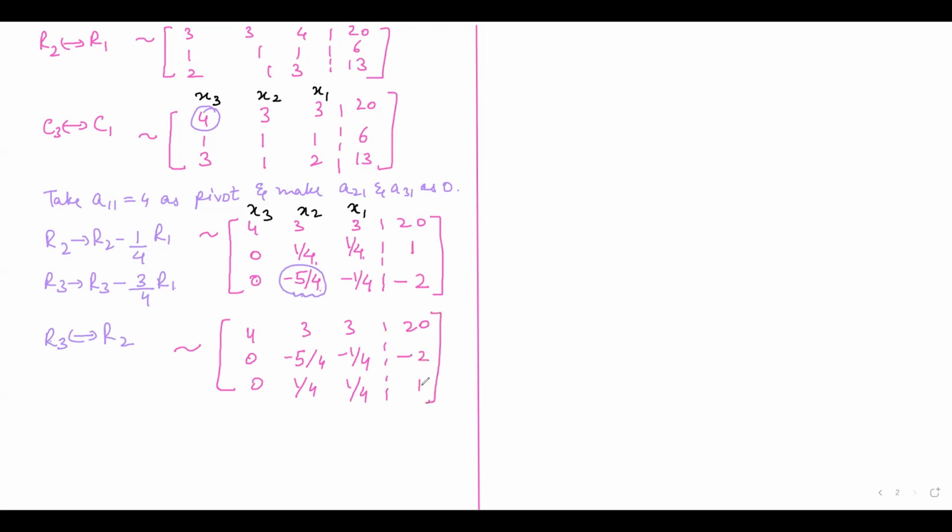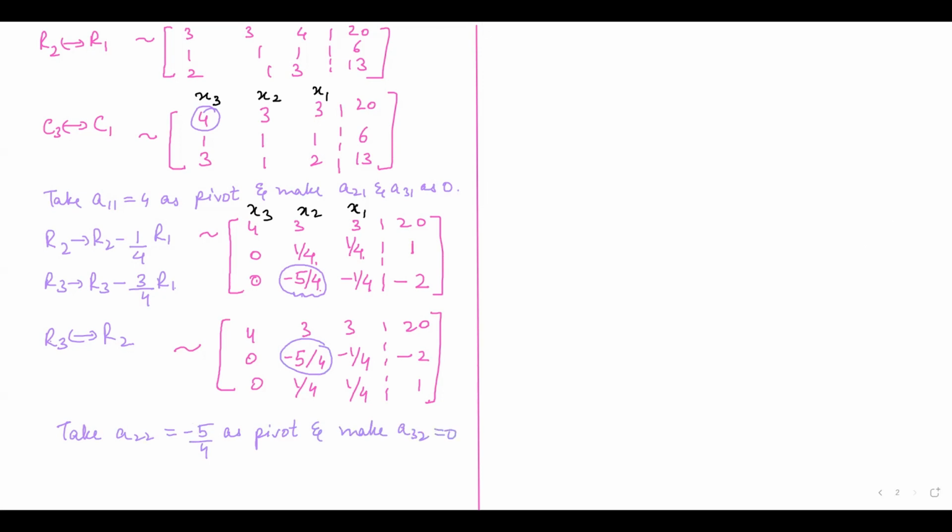This is what we are getting. Now, this is my pivot. So I'll take this as my pivot element. Take A22 as pivot and make A32 equal to 0. This is what you have to do.